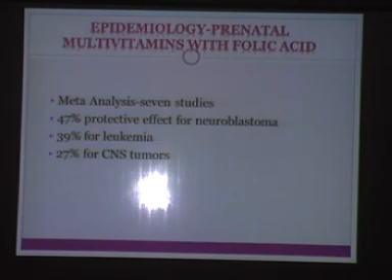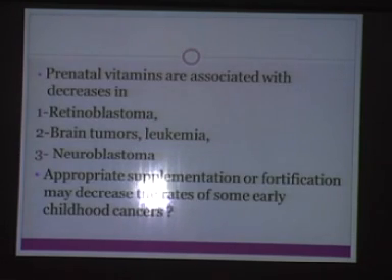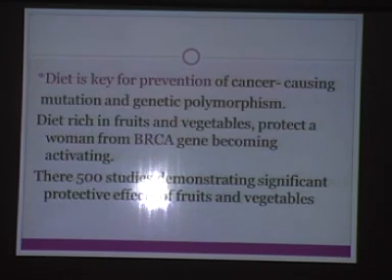Several other studies show that folate during pregnancy decreases the incidence of neuroblastoma, leukemia, and CNS tumor. So we can conclude that periconceptional vitamins are associated with decreased incidence of retinoblastoma, brain tumor, leukemia, and neuroblastoma. Appropriate supplementation or fortification may decrease the rate of some early childhood cancer.